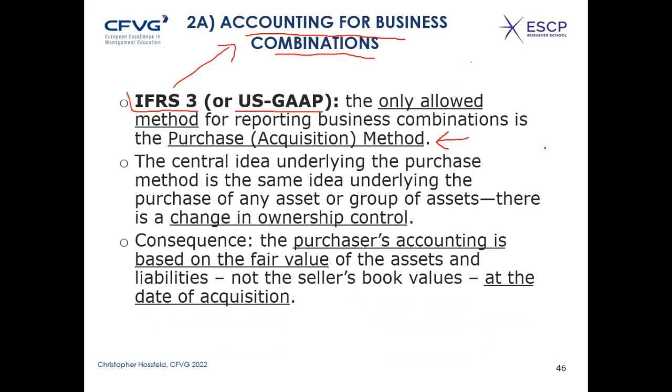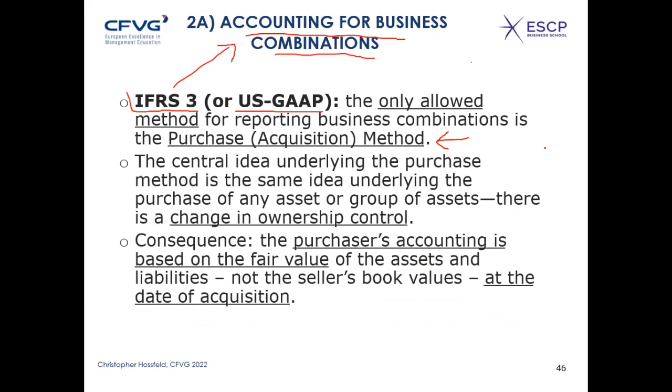So the accounting rules here do not make a difference between buying a single machine, for example, a single asset, or buying a whole company. It's the same thing, because what is a company in the end? A company is a bunch of assets and a bunch of liabilities, and instead of buying them individually, I buy everything in one shot. But the underlying idea is the same.